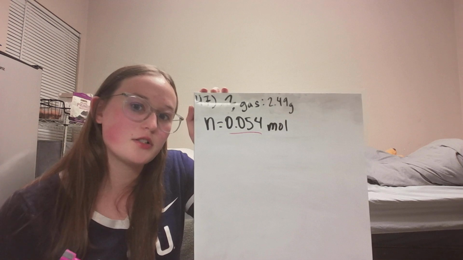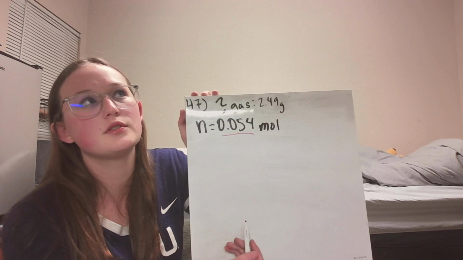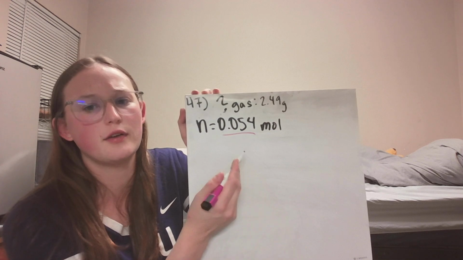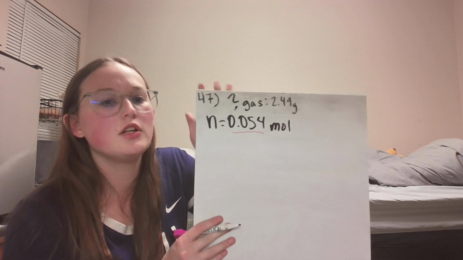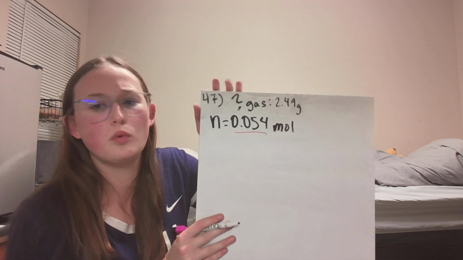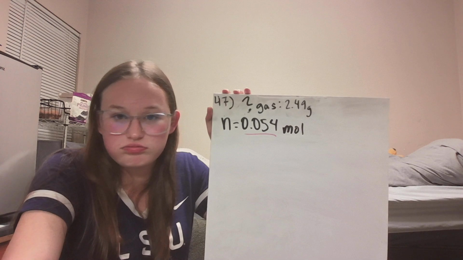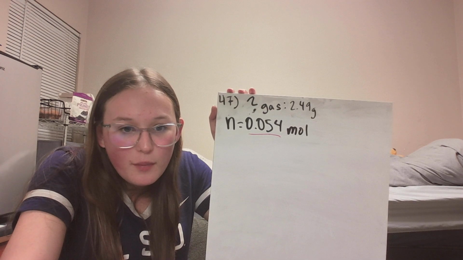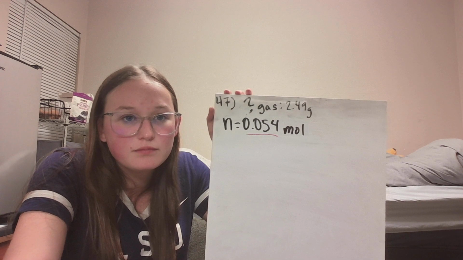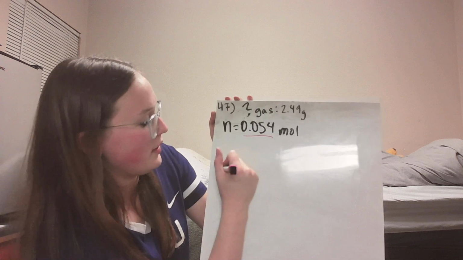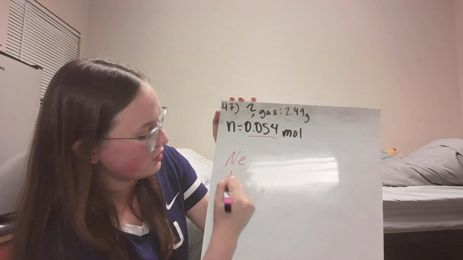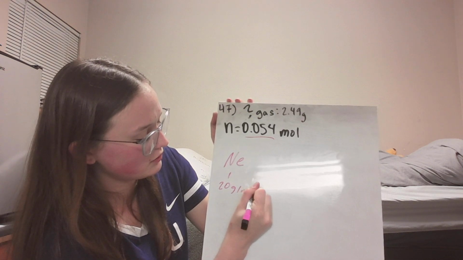So if you look at your answer key, and you know that 0.14 is way too big for this, you know that NO2 is going to be right. So we're just going to go straight to E, do NE. So NE, its molar mass is around 20. So NE, 20 grams per mole.